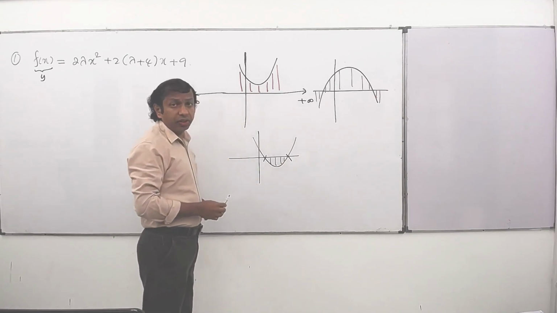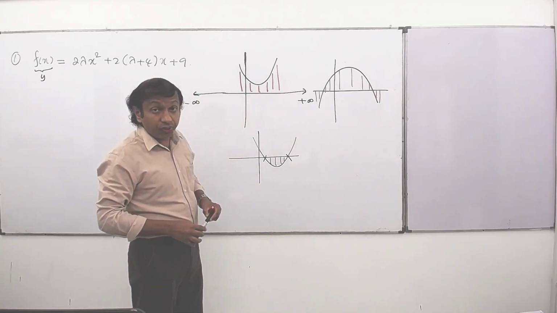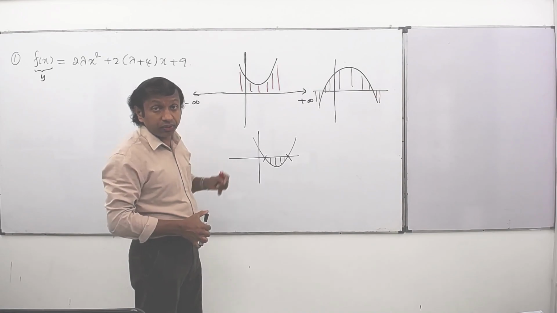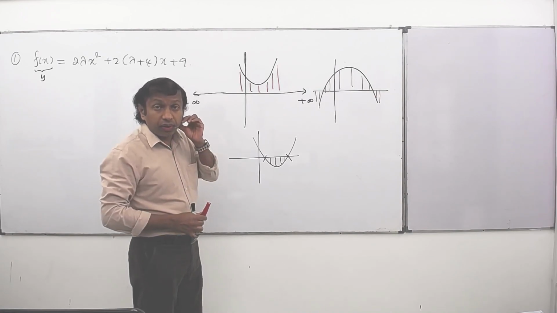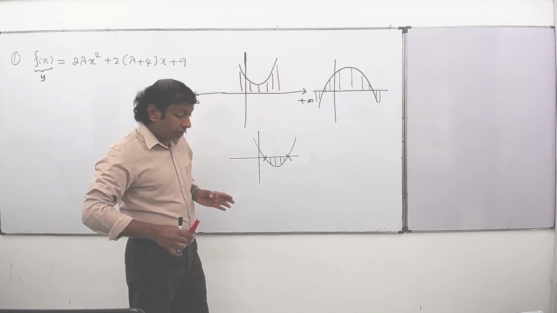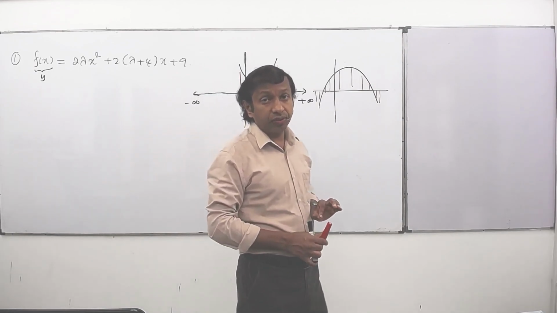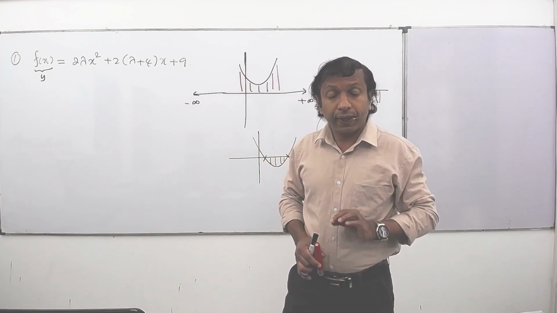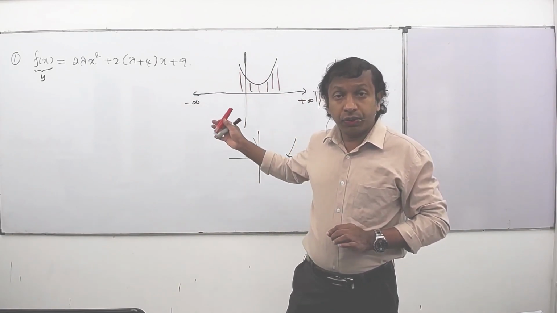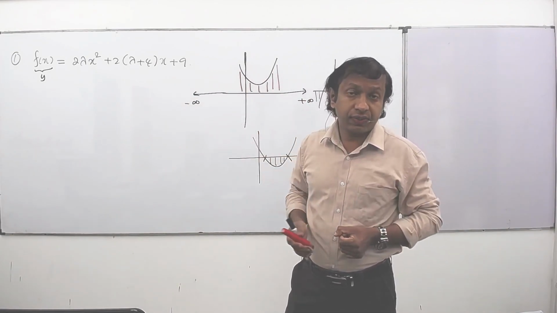Our requirement will not be satisfied. So in order for f(x) to be positive for all real values of x, the graph should be a minimum graph, and secondly, it should completely lie above the x-axis.